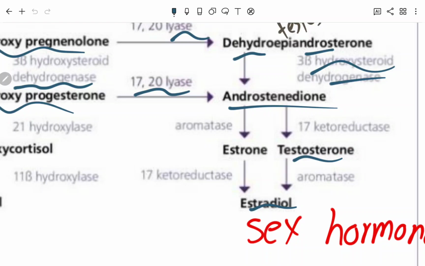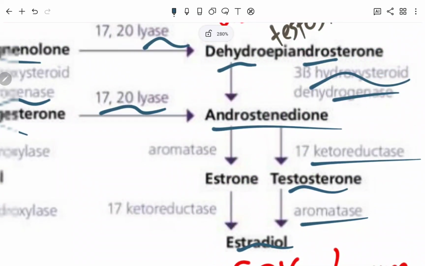Like if I want to synthesize testosterone from androstenedione, I'm going to bring an enzyme called 17-ketoreductase, and this 17-ketoreductase is going to convert androstenedione into testosterone. Now, if the person was a male, a very small fraction of testosterone might get converted into estradiol via the action of an enzyme called aromatase. So aromatase converts the main male androgen, which is testosterone, into estradiol, which is the main estrogen in females.